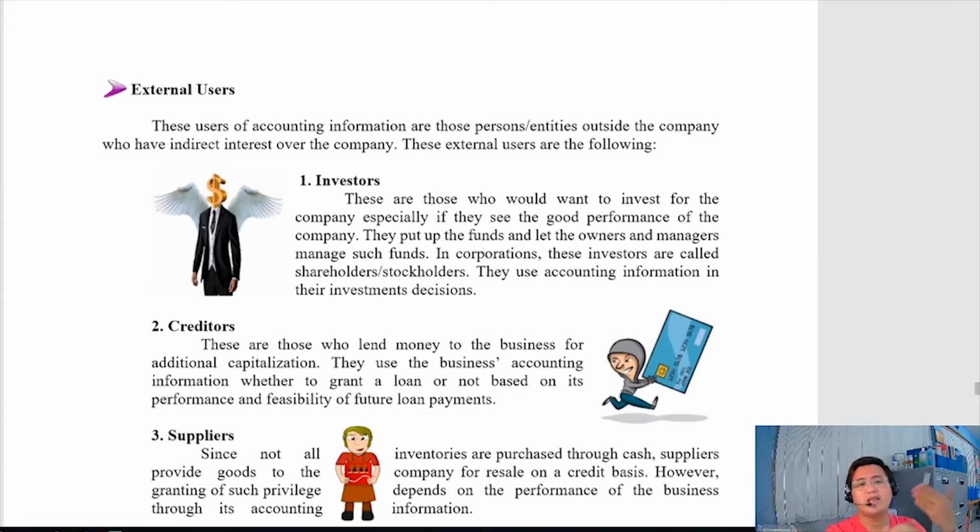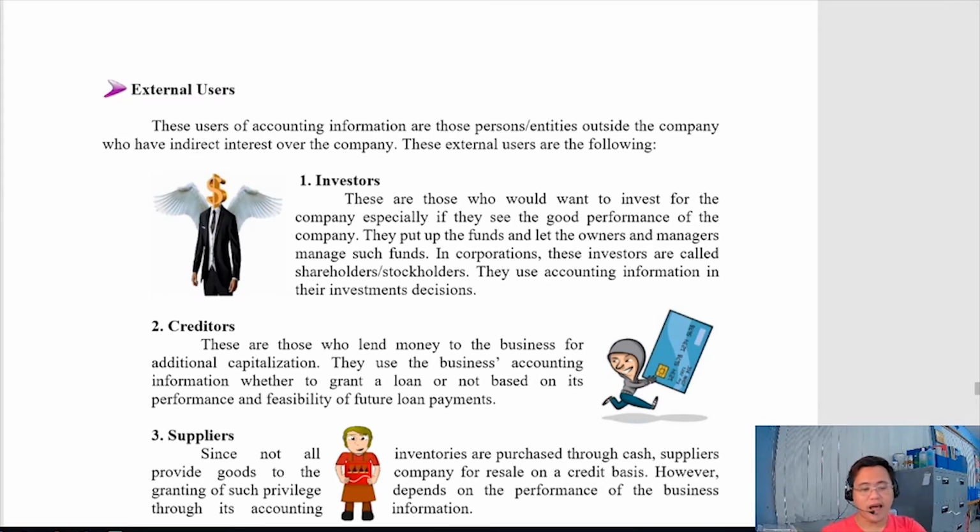Of course, because they will have to assess your profitability, whether you could be able to pay your loans or not. You also have to assess your liquidity. So later on, as we go along our weekly modules and topics, we will know more on what liquidity, what solvency, what profitability is all about.